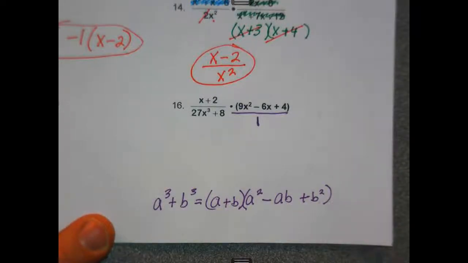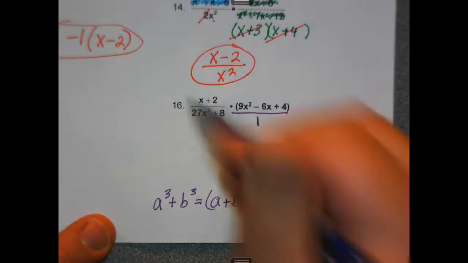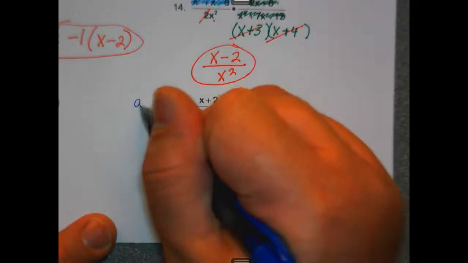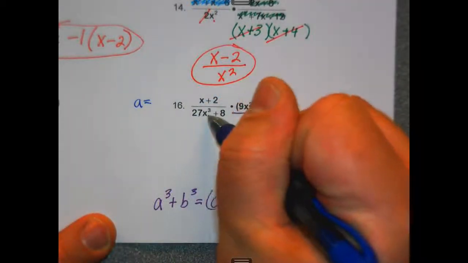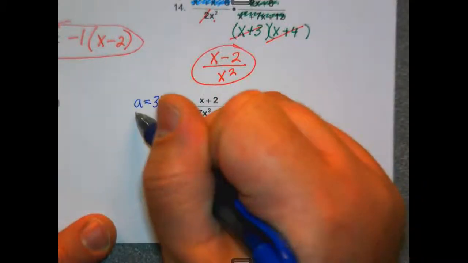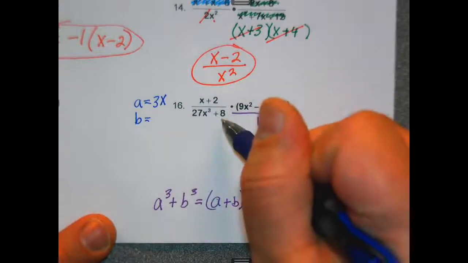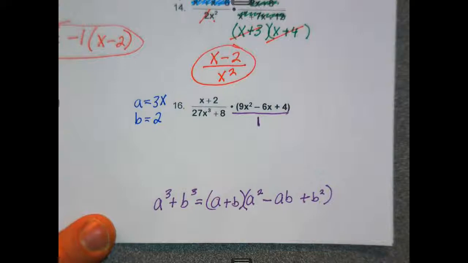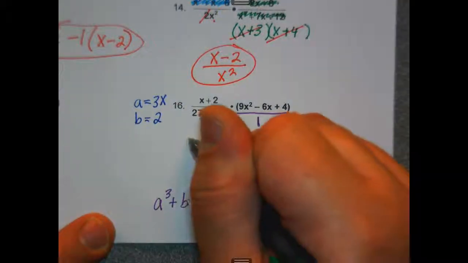Now, 16, denominator here, what's my a? 3 cubed x cubed, so it's 3x. What's my b? 8 is 2 cubed, so my b is 2. Okay, I'm going to rewrite this.